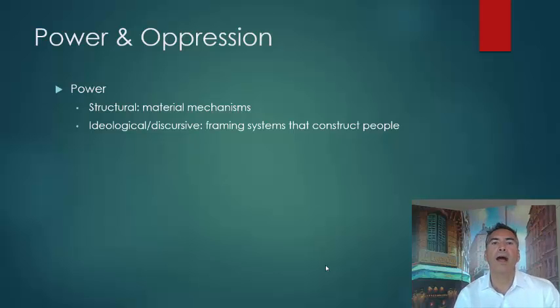So as an example, I identified the way in which the denial of women's opportunity to vote represented a structural example of power. The mechanism that drove that was a discursive system or discursive framing relationship that worked to construct women as unable to think rationally and to make these kinds of judgments.